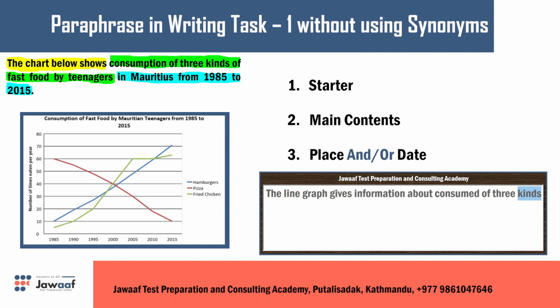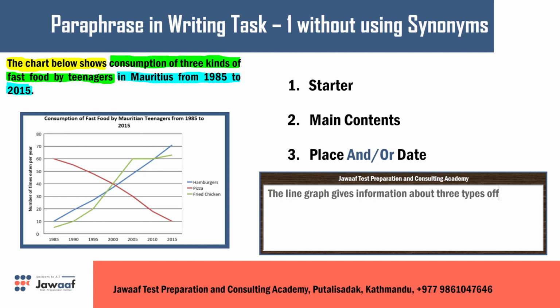So what we are going to do is we are going to change a bit of the sentence. Let's say the line graph gives information about, okay, let's copy this, three kinds of. This is very easy. I think you can simply write types, kinds.